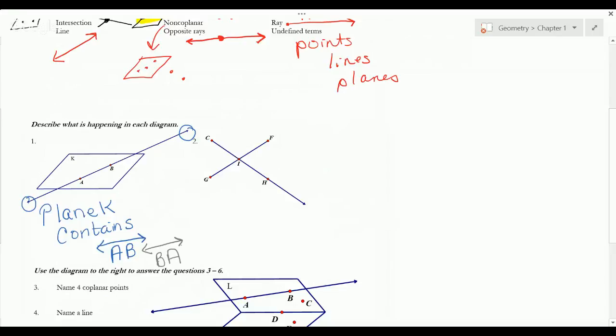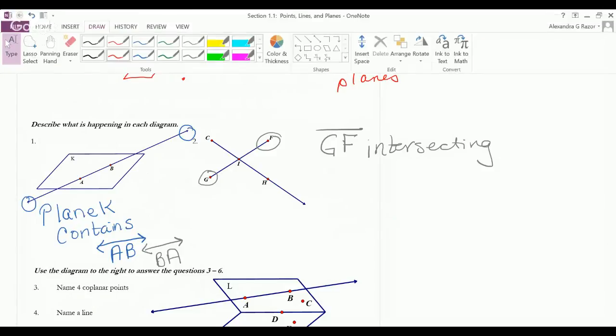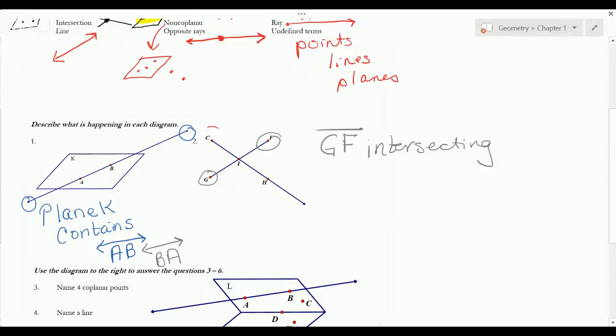Okay? For number 2, if you notice this first one here, I have an endpoint at G and an endpoint at F. So that's line segment GF. So I put a segment above it. And that segment is intersecting this other one. And this other one, let's change colors so we can see, starts at C and keeps going.